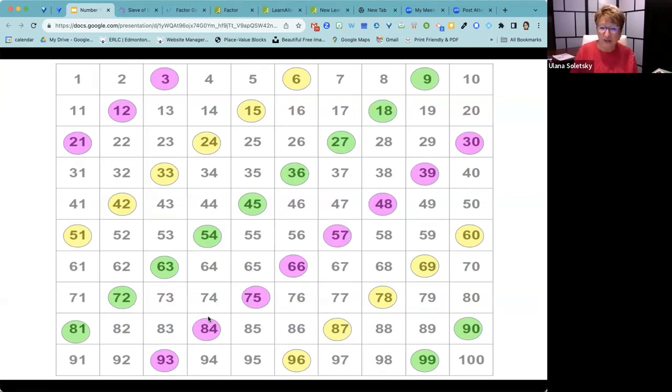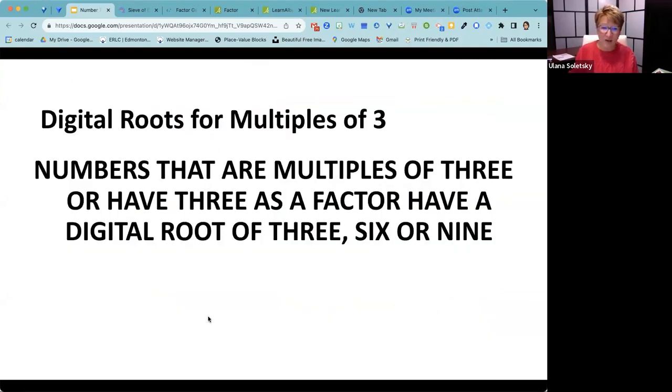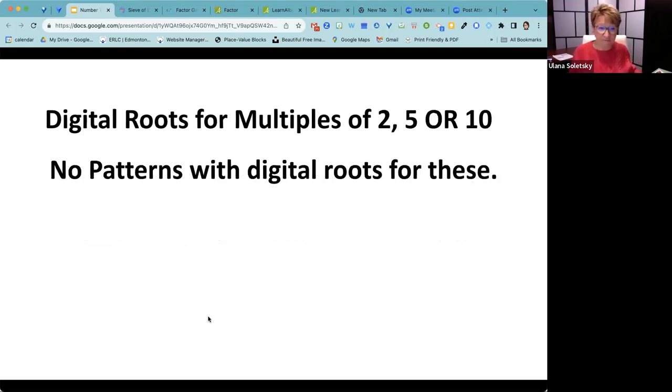What I would do is I could just find the digital root, and if it is a 3, 6, or 9 of that number, yes, it will. So all numbers that are multiples of 3, that have 3 as a factor, have a digital root of 3, 6, or 9.